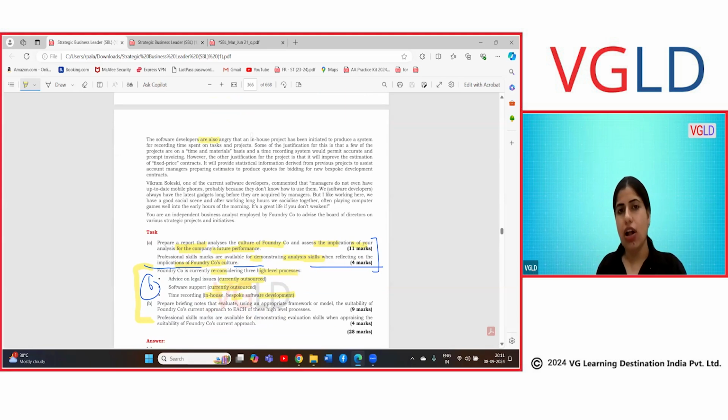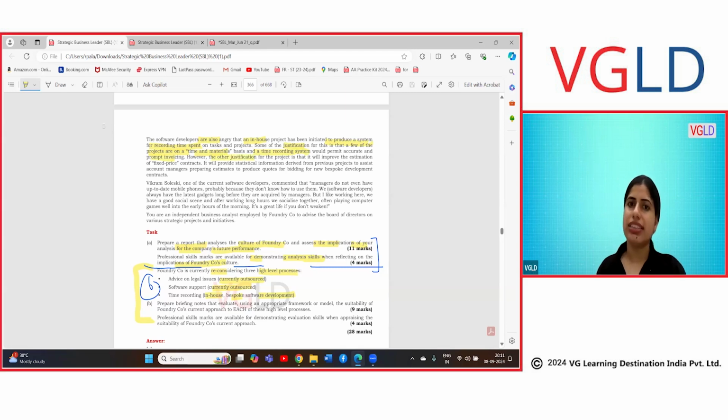Software developers are also angry that an in-house project has been initiated to produce a system for recording time spent on tasks and projects. Some of the justification for this is that few of the projects are on a time and materials basis, and a time recording system would permit accurate and prompt invoicing.